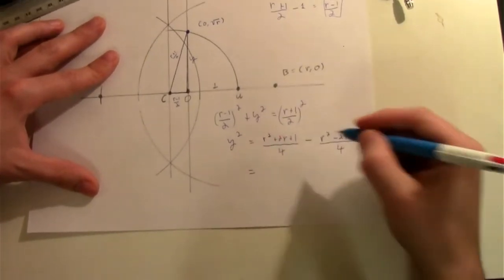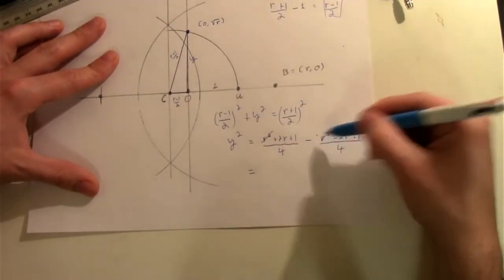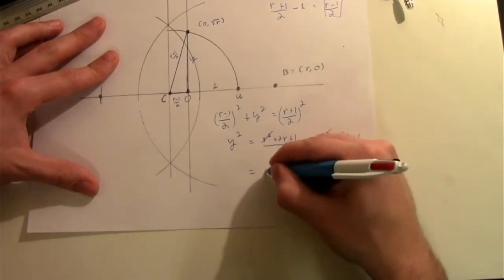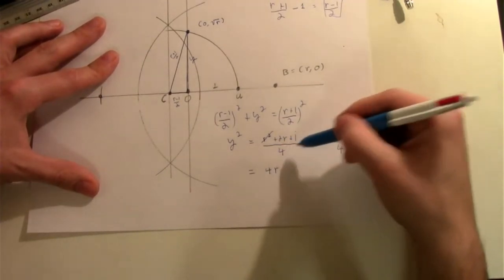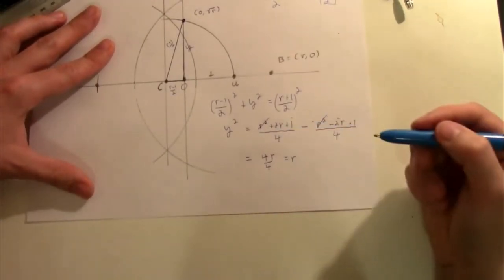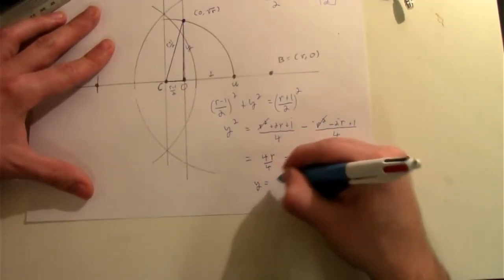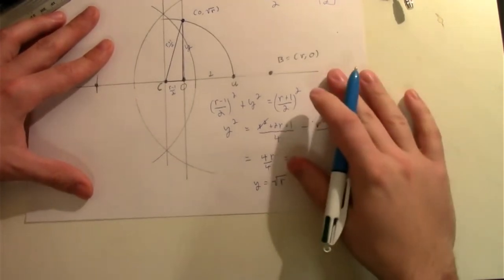So the r squareds are going to cancel out. Here I have minus minus 2r, so this is going to be 4r. And here I have 1 minus 1, so those cancel out. I still have a 4 in the denominator. In other words, y squared is equal to r, or y is equal to the square root of r. And there we have it.